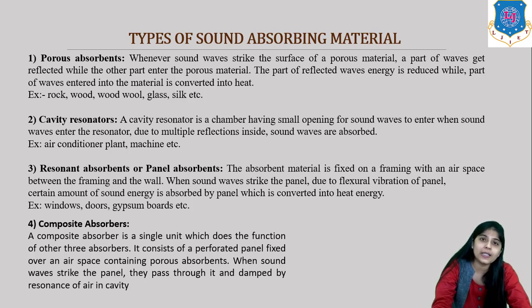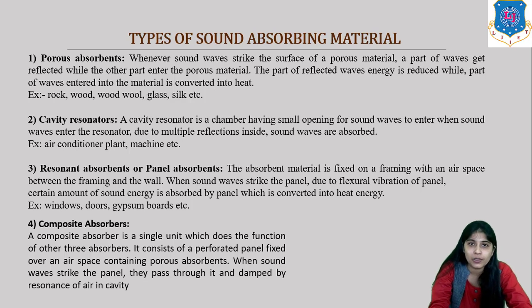Okay, so a composite absorber is a single unit that does the function of all three sound absorbing materials. So as you can see, a panel is being used, right? So there will be an effect of resonant sound absorbing material. Then porous absorbent is being used over an air space between framing and wall. So sound will be absorbed more, right, than with resonant sound absorbing material.